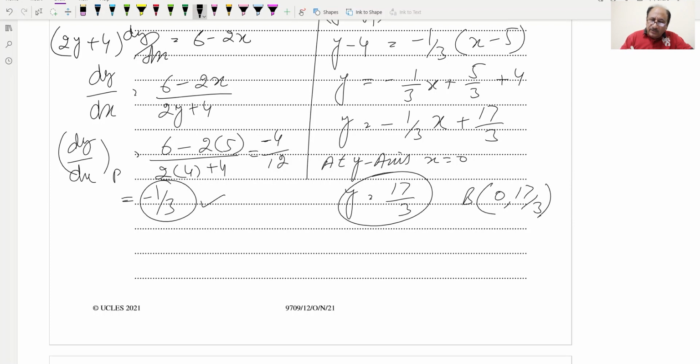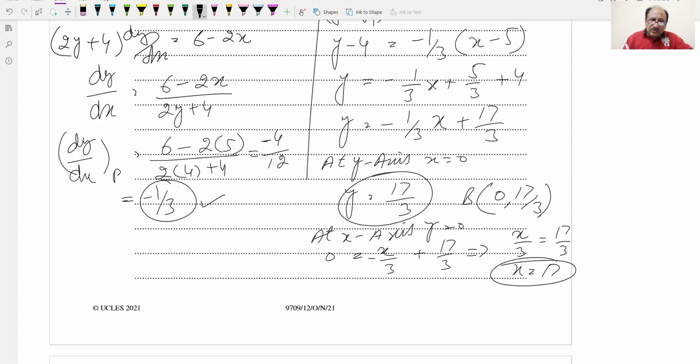Now we can find the coordinates of A, which is on the x-axis, where y will be equal to 0. So 0 is equal to minus x by 3 plus 17 by 3. This implies x by 3 is equal to 17 by 3, so x is equal to 17. The point A will be (17, 0).